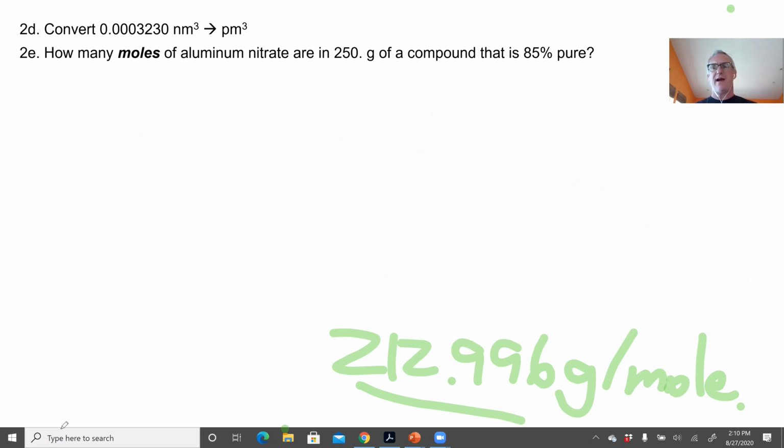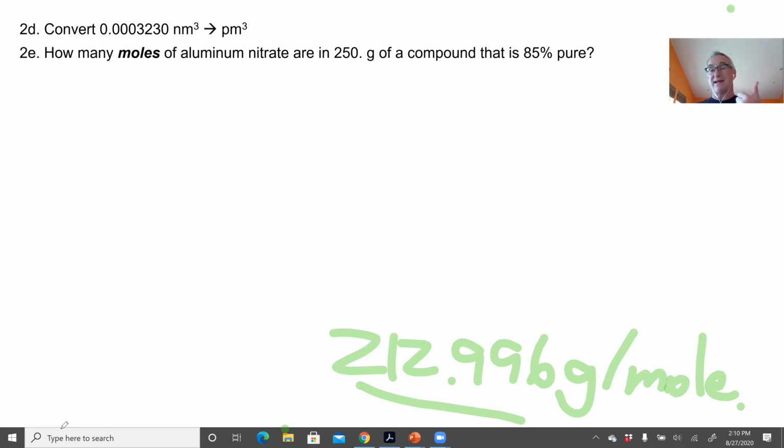What are the sources of error? A classic source of error is taking measurements and rounding them too soon. So don't ever round measurements until you get to the absolute end of the problem, and then determine how accurate my answer needs to be.